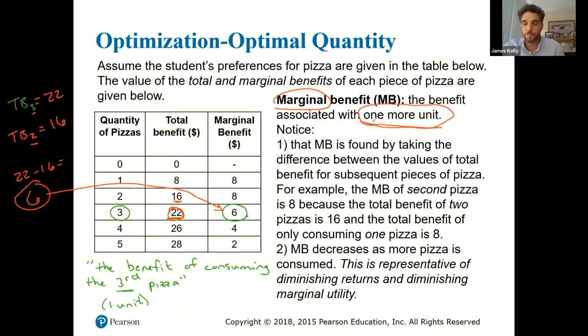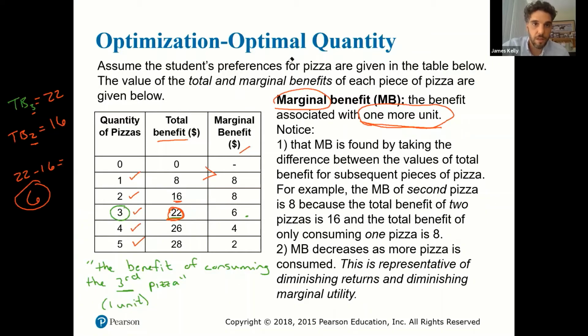Okay? And so the way we found this marginal benefit is by taking the increase in total benefit from each subsequent piece of pizza. Okay? So we can see that the difference for the first slice, the difference between 8 and 0, is equal to 8.